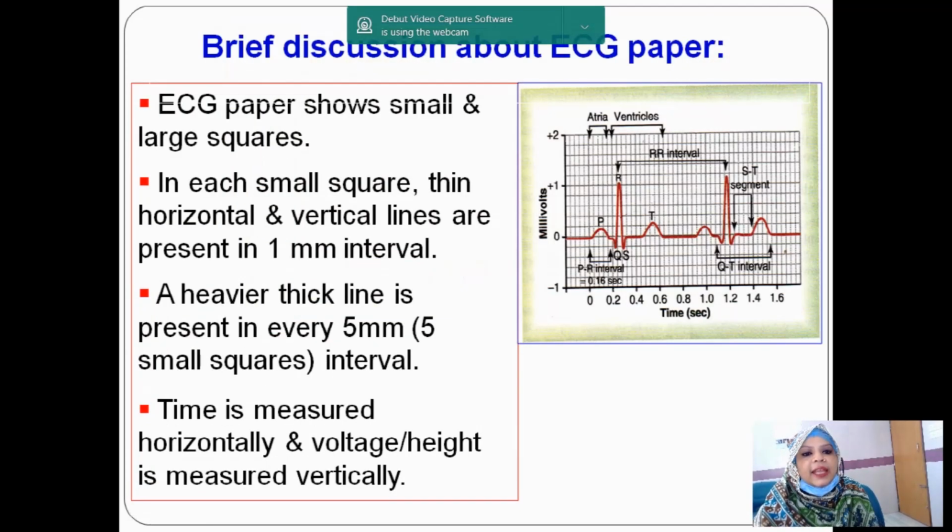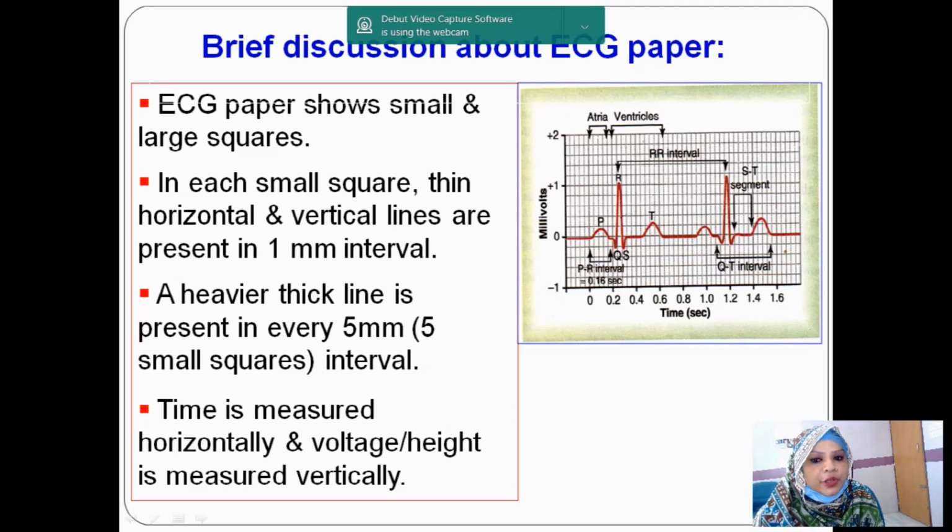In each small square, the thin horizontal and vertical lines are present at 1 millimeter intervals. A heavier thick line is present every 5 millimeters, that is, every 5 small squares: 1, 2, 3, 4, 5.